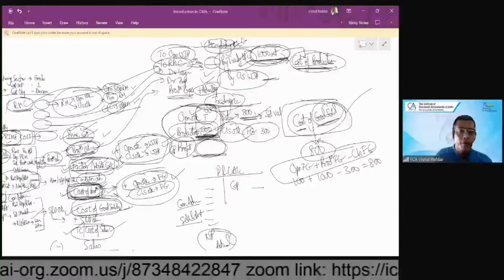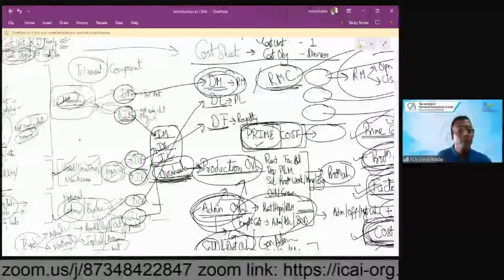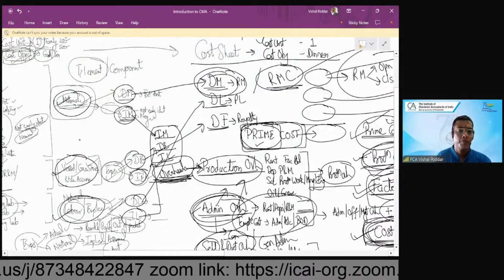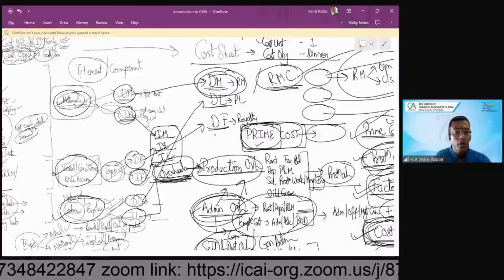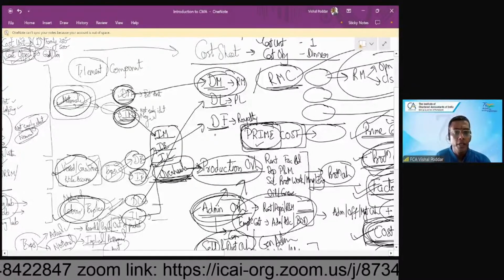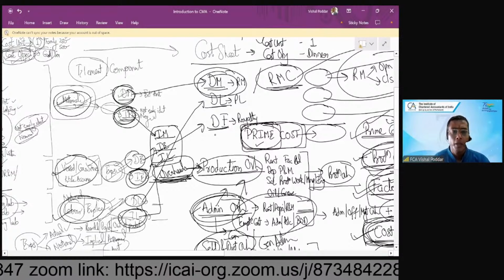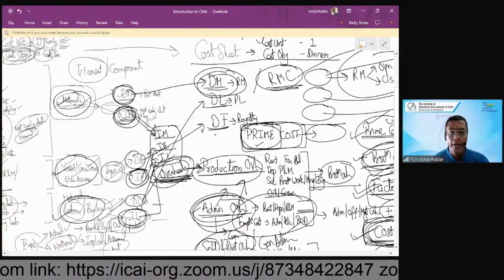See, understand one thing. Go back to this. Your elements of cost are three: material, expenses, and labor. Then when we break it up into direct and indirect, the indirect material, indirect expense, and indirect labor, we club them here. And these three collectively are called overheads.